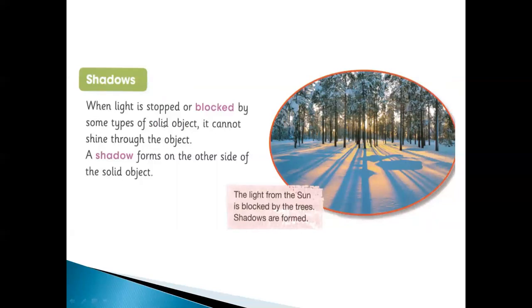Shadows are formed when light is stopped or blocked by some types of solid object. It cannot shine through the object. A shadow forms on the other side of the solid object.